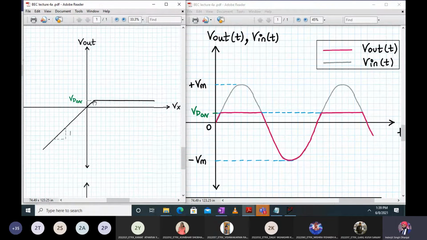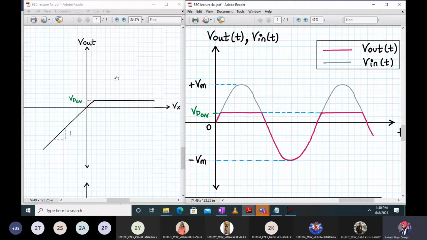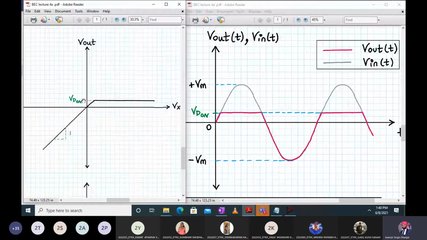The diagram will be given to you and you are asked to draw the VTC and input output waveforms. The second way of asking is that the output and input waveforms will be given to you with respect to time and you are asked to draw or identify the circuit. And the third is that the VTC curve will be given to you like this, and you have to draw the circuit and explain the working.